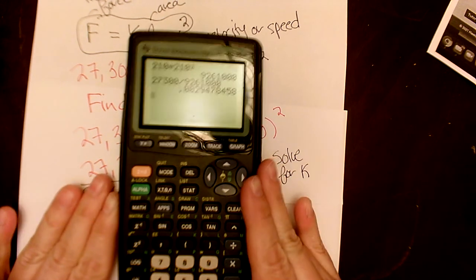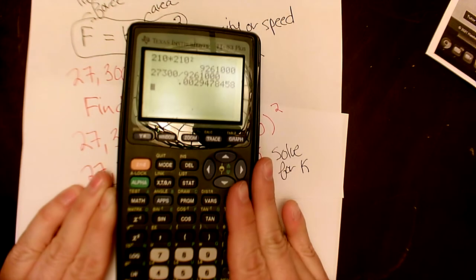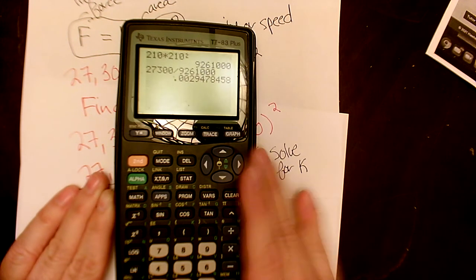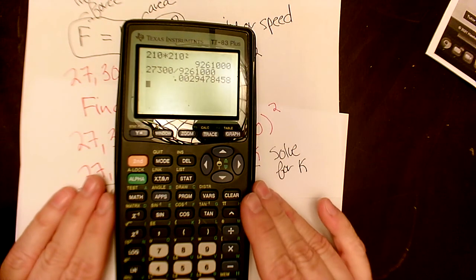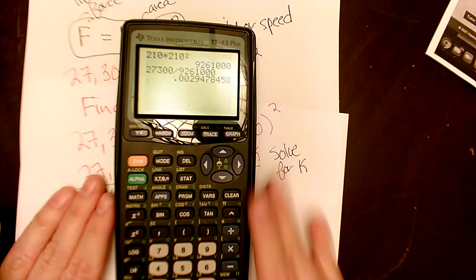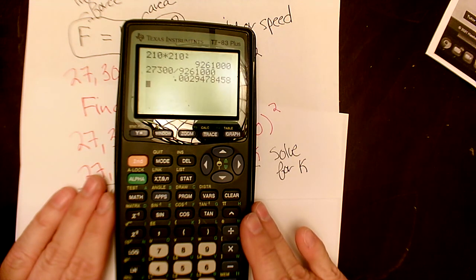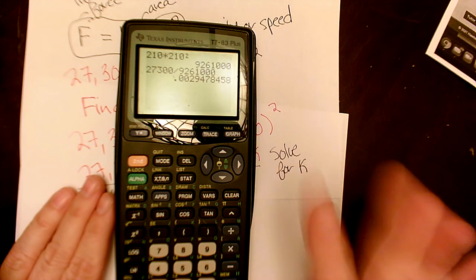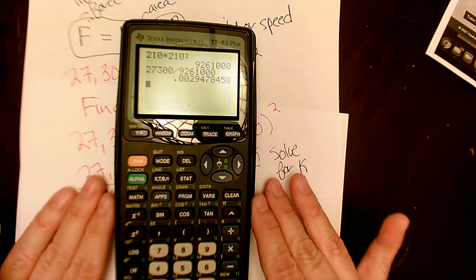Okay, and I get this really big decimal, but it says in the directions, round K to at least 5 decimal places.